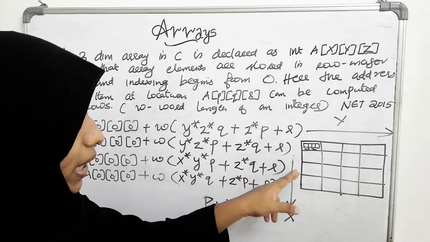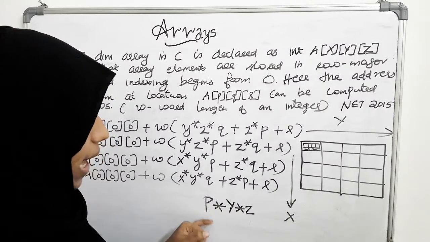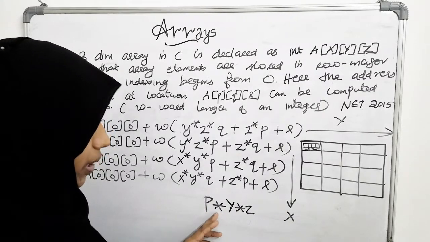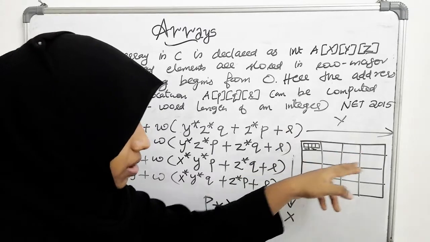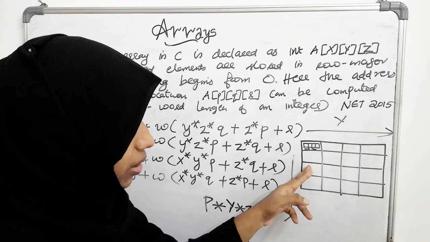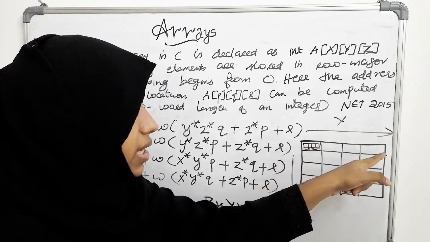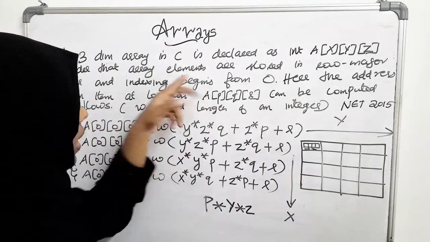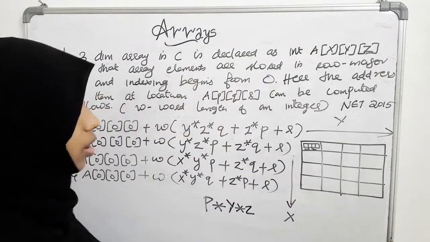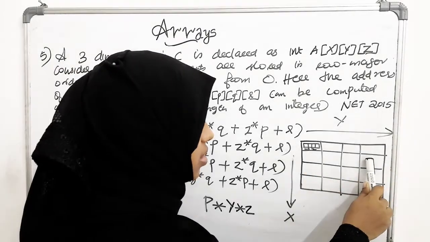So p rows should be bypassed. Now each of the p rows contains y columns, isn't it? If you are talking about the third row, you have to pass the 2 rows first, because it is given that elements are stored in row major order. So you have to traverse this complete row, then this complete row.